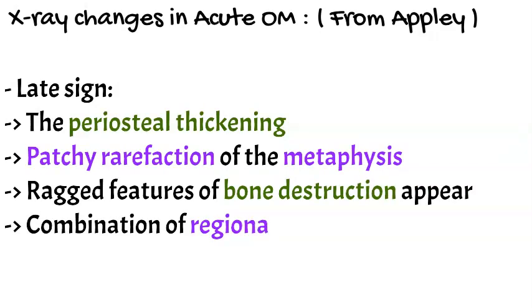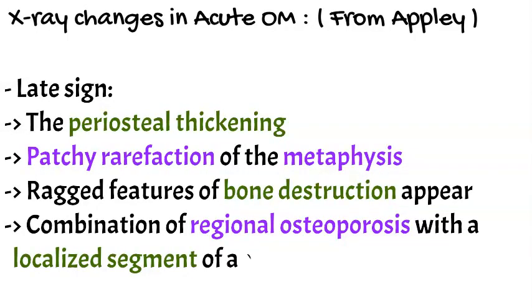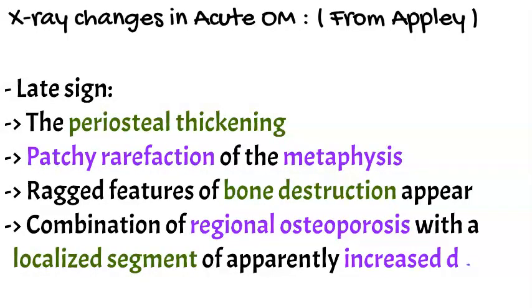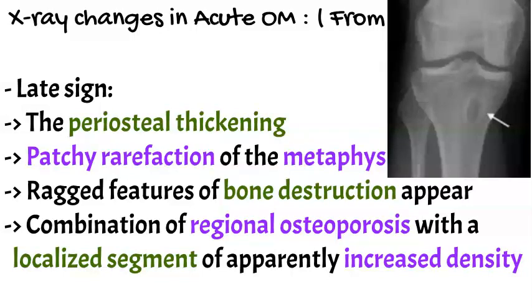Features of bone destruction will appear, a combination of regional osteoporosis with a localized segment of apparently increased density. This X-ray of the right knee shows an osteolytic lesion in the proximal tibia region. Okay everyone?